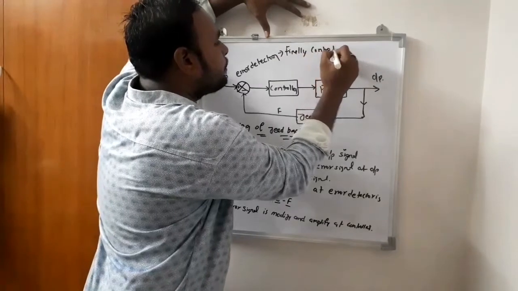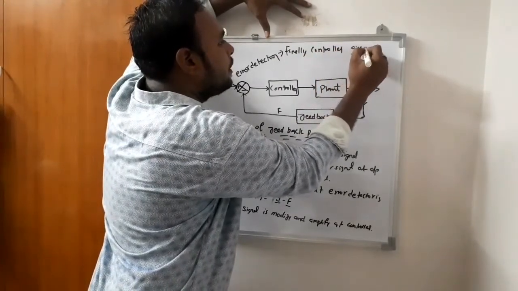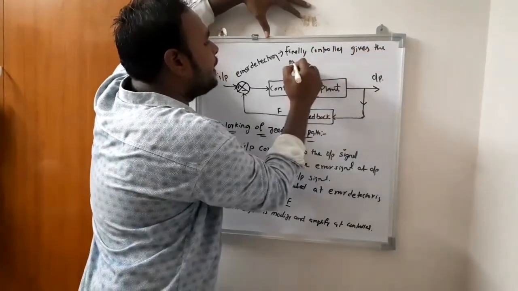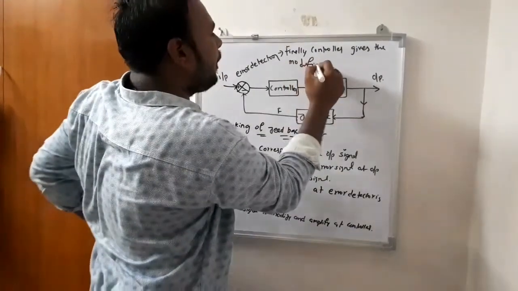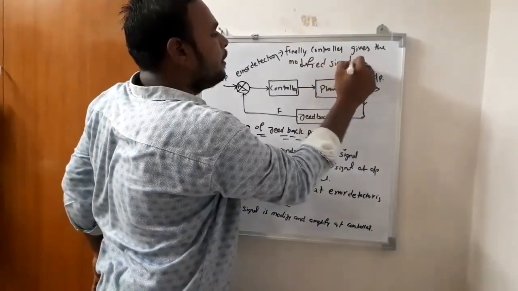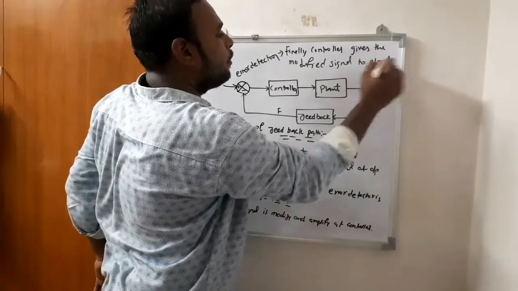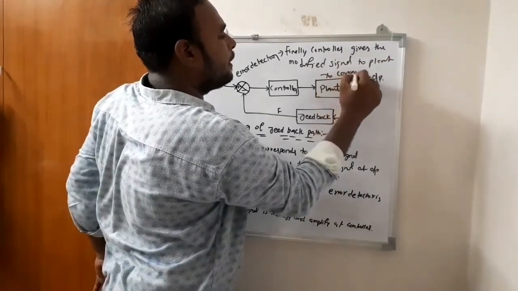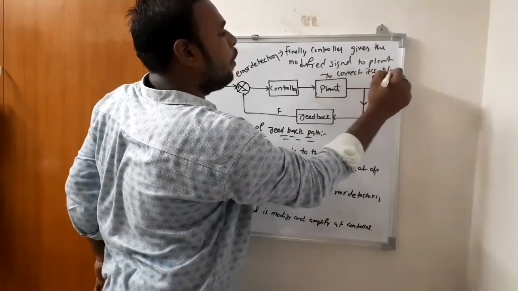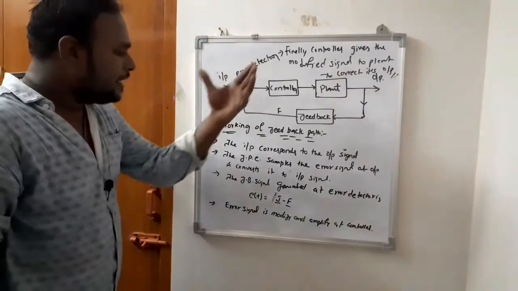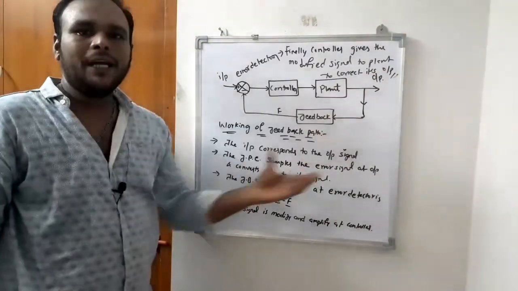So these are the working processes of the feedback path elements.